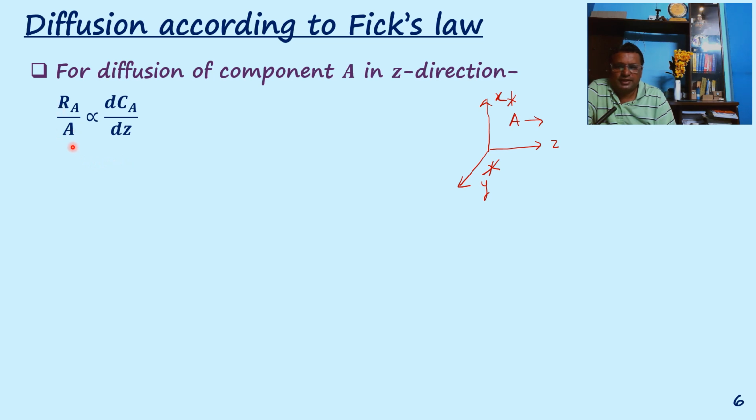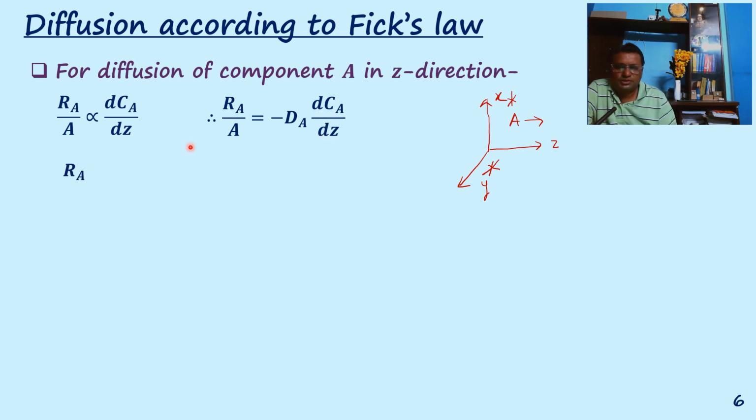So mathematically, the law can be stated by this particular equation. Rate per unit area is directly proportional to concentration gradient in z direction. If you remove the proportionality, you need a proportionality constant. In that case, the law will be written as Ra upon A is equal to minus DA dCA by dz.